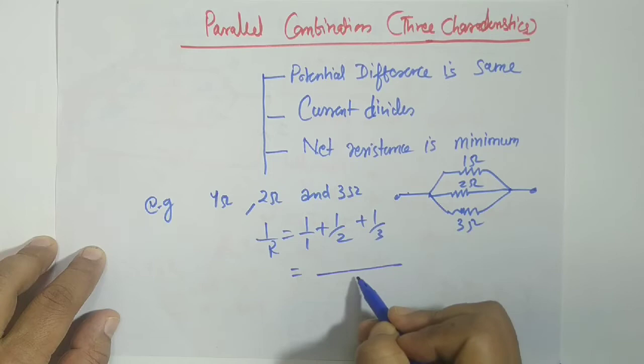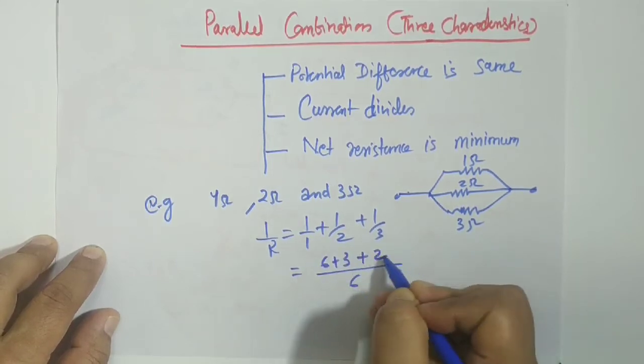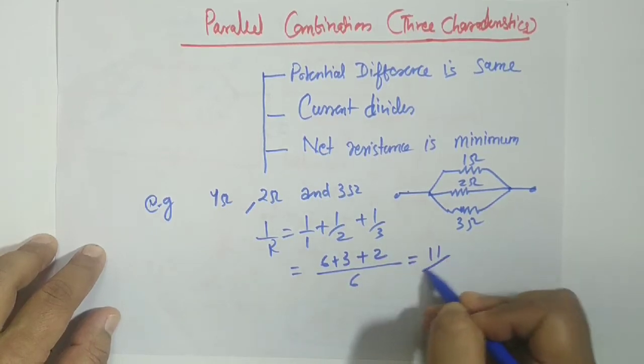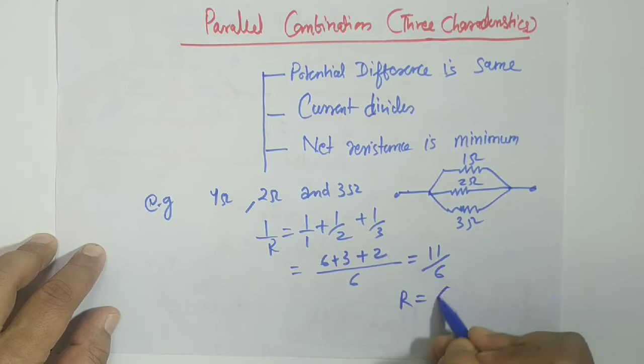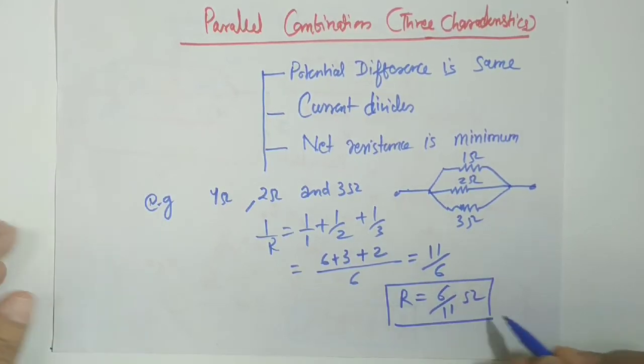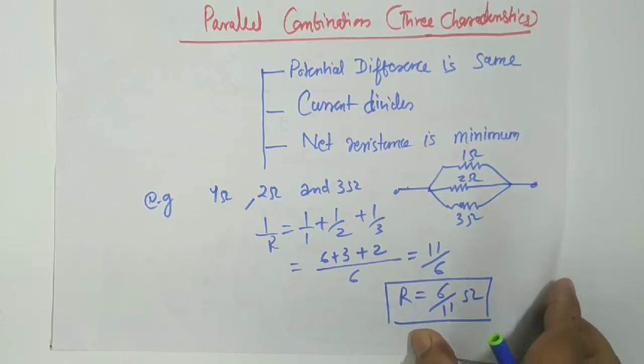You solve it out, the common denominator is 6. So 6 plus 3 plus 2 becomes 11 by 6. If you reciprocate it, 6 by 11 ohm. So very less. When you connect them in parallel, this is the answer. So parallel combination of resistance is like this.